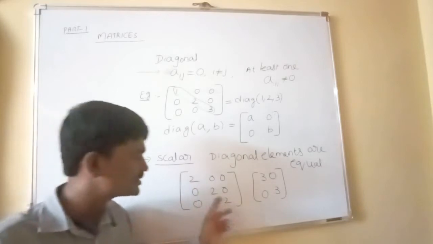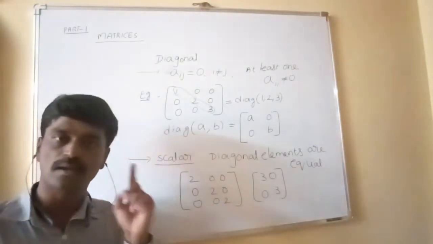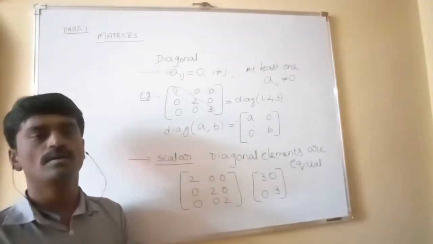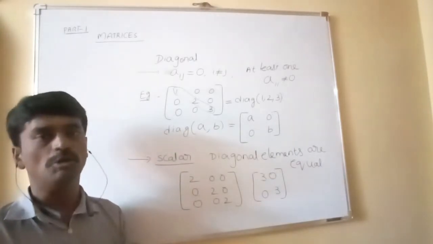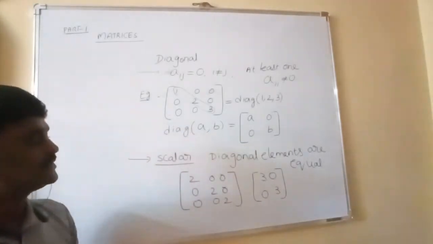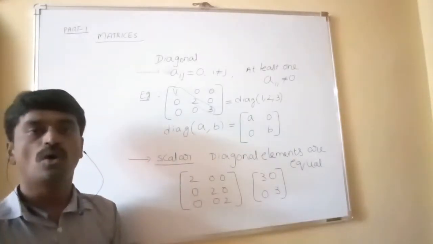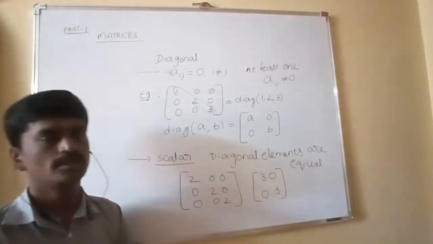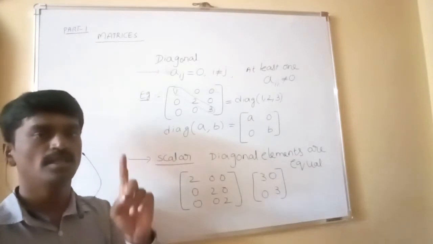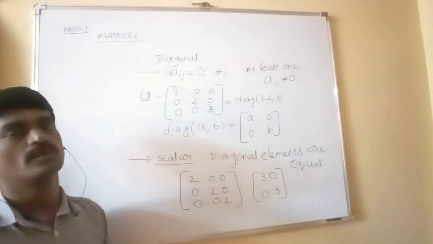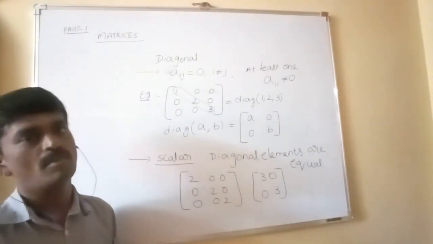Suppose all these diagonal elements are exactly 1, then that is nothing but the identity matrix or unit matrix. That means a diagonal or square matrix in which all non-diagonal elements are equal to 0 and diagonal elements are equal to 1 is the identity matrix.